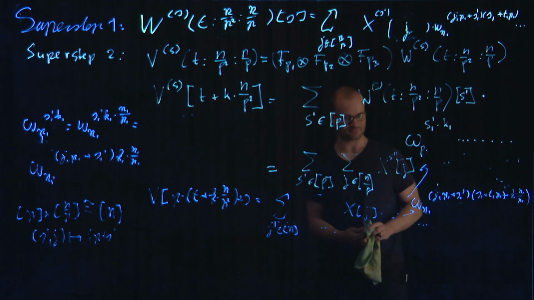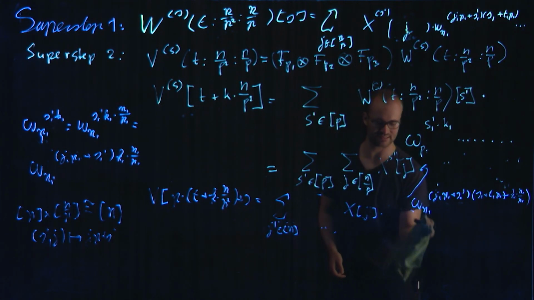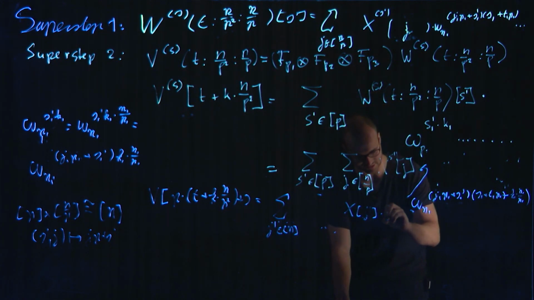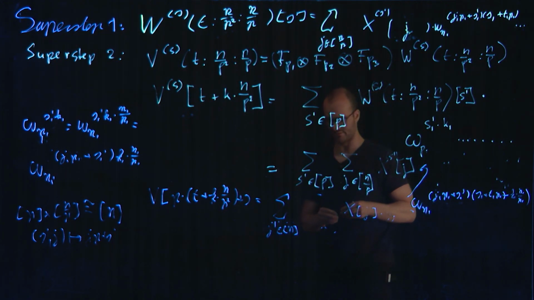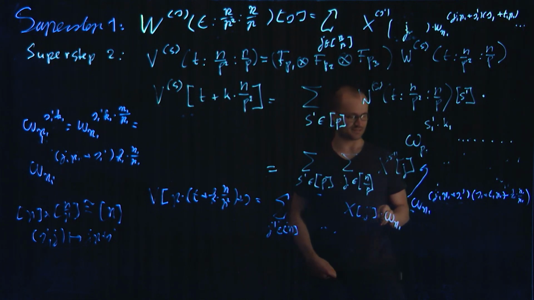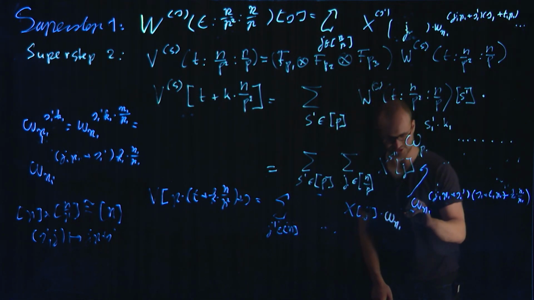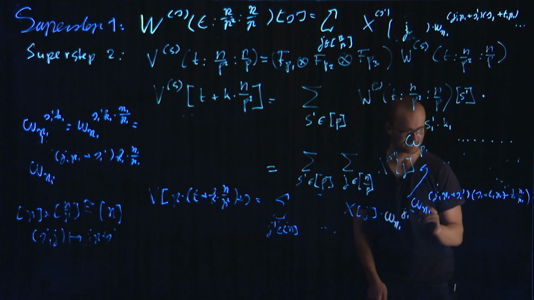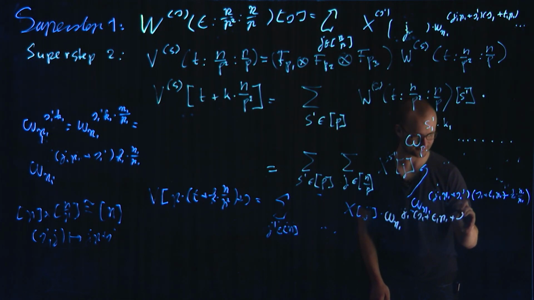And then the factor is going to become omega n1, and then the exponent is going to become J prime times S1 plus T1 P1 plus K1, and 1 over P1.